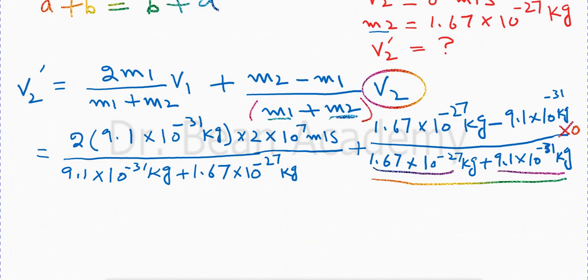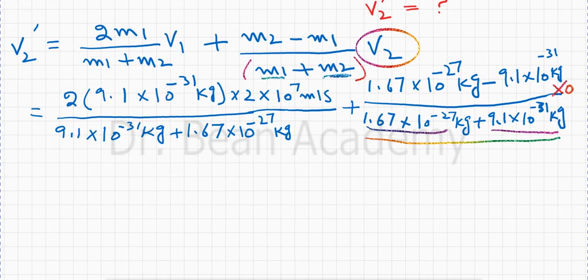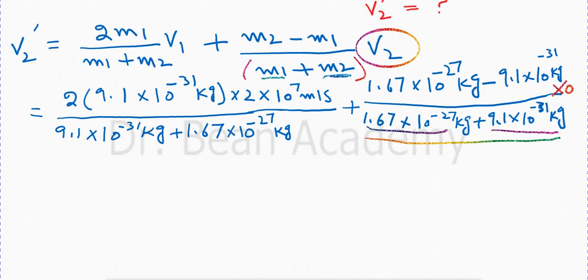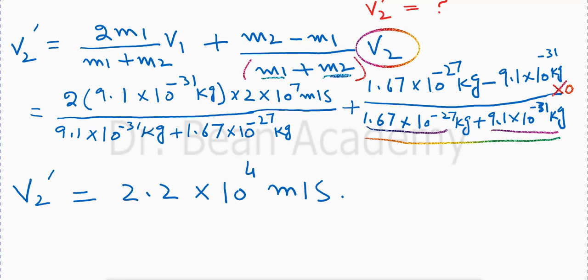So if I use my calculator, v2 prime is equal to 2.2 × 10^4 meter per second.